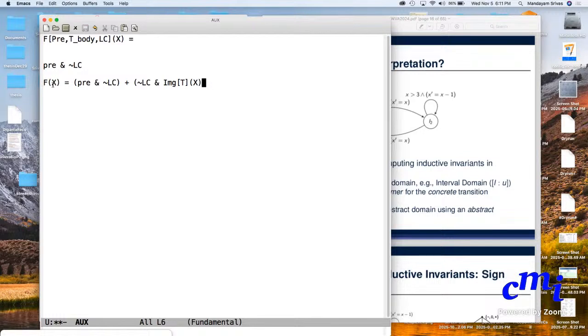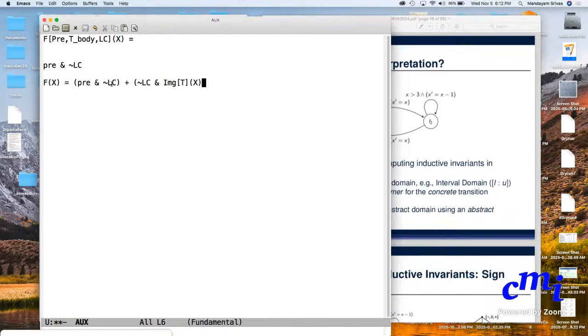In this case, it is not just pre. That's why it has to be pre and LC. It is defining what you would get if you exited in zero steps. So it is not pre; it is the init that you had there.